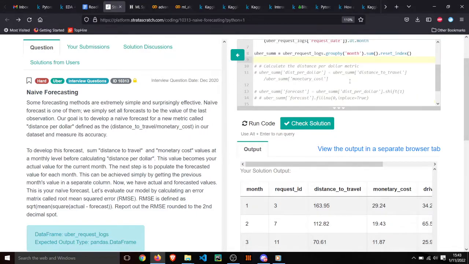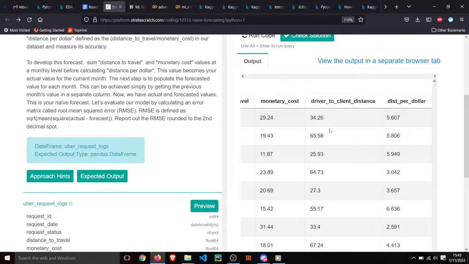Now we need to calculate our distance per dollar metric, which is pretty straightforward. You just take the distance to travel and divide that by monetary cost, right? And yeah, we have our distance per dollar. Now in order to calculate the RMSE, we take this column, distance per dollar, and we apply a shift function which is gonna push this data set by one row.